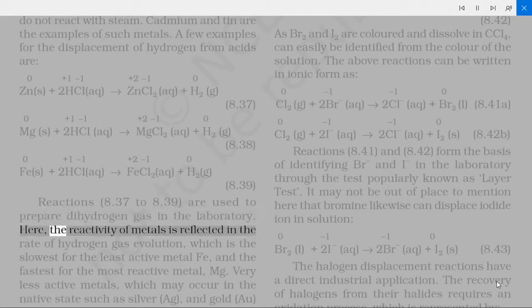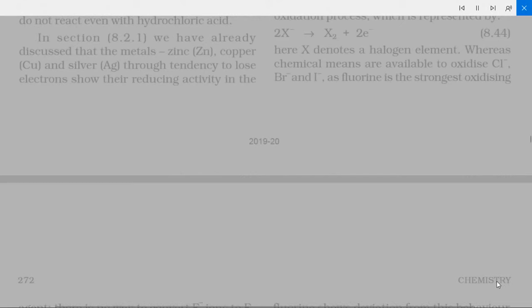Here, the reactivity of metals is reflected in the rate of hydrogen gas evolution, which is the slowest for the least active metal Fe, and the fastest for the most reactive metal, Mg. Very less active metals, which may occur in the native state such as silver, Ag, and gold, Au, do not react even with hydrochloric acid.